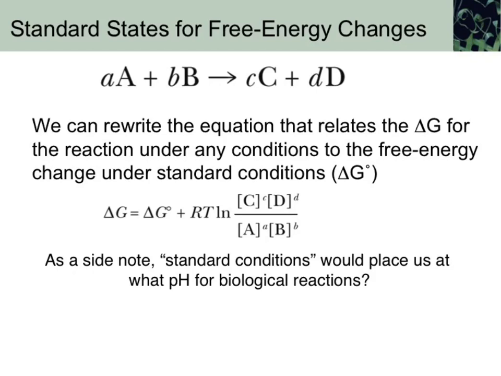Okay? So this equation should look familiar, because ultimately what this is, delta G standard plus RT ln of the equilibrium constant. Okay? So we end up looking at an equilibrium system and saying, what happens if we tweak off of equilibrium?